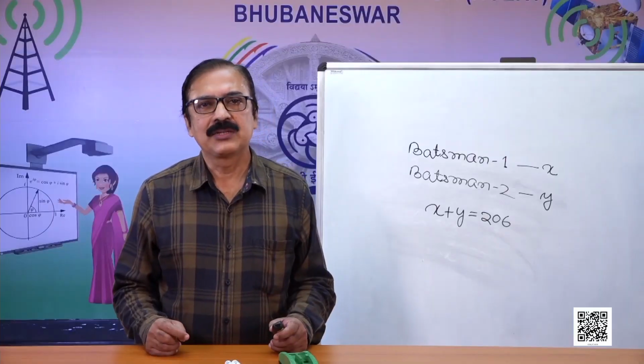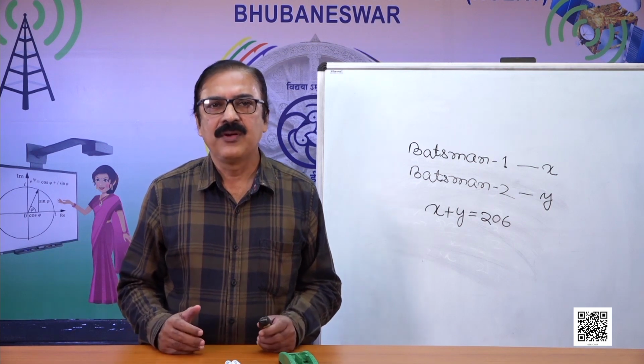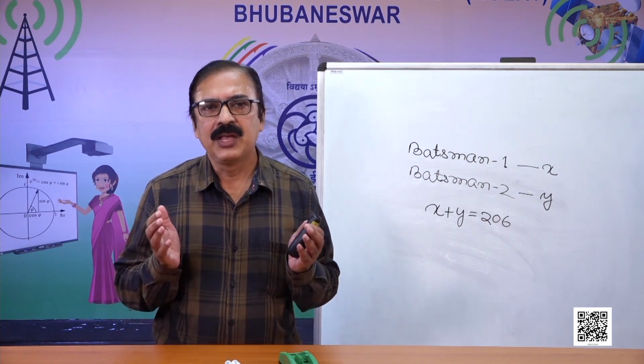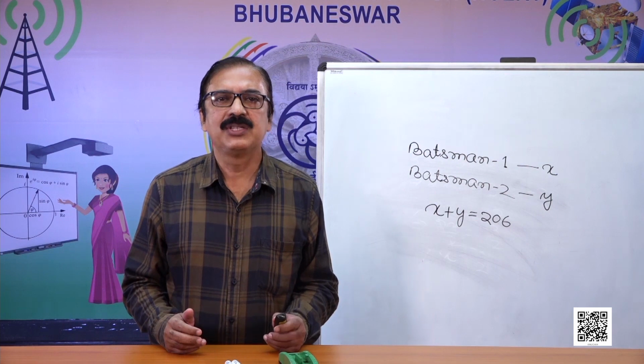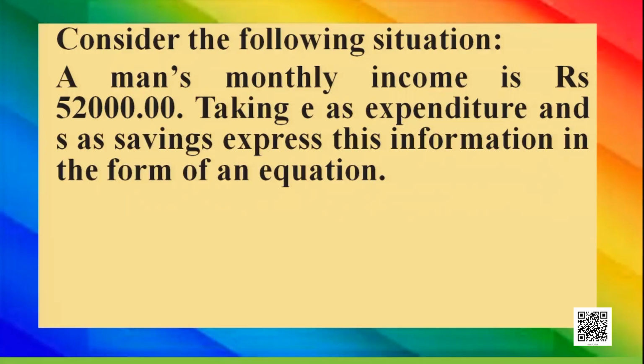Now let's consider how to frame an equation from a situation. Consider the following situation: a man's monthly income is rupees 52,000. Taking E as expenditure and S as savings, express this information in the form of an equation.